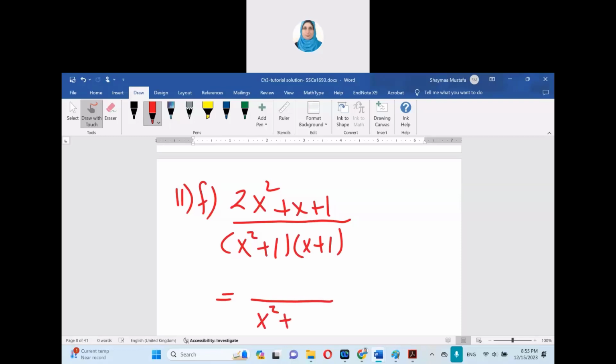You have x squared plus 1 and x plus 1. The first is a quadratic, so the numerator is a linear expression, ax plus b.